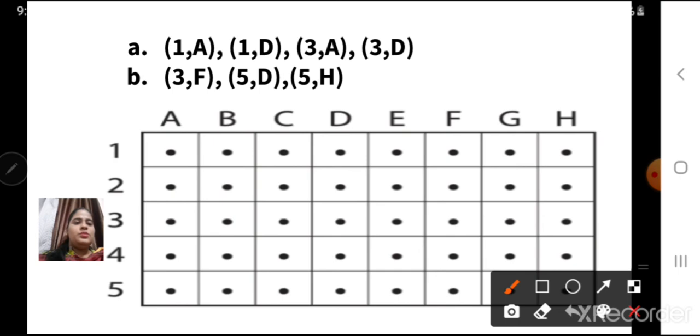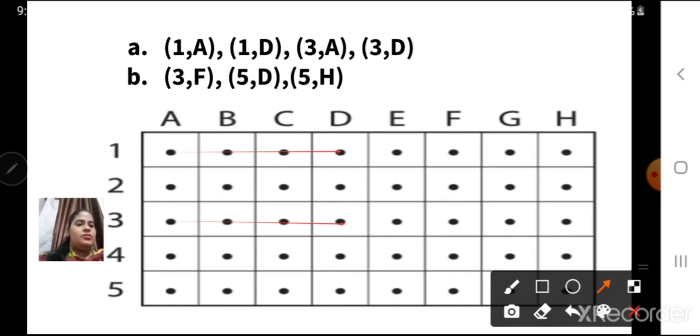So the first one is 1A. So this is 1 here, 1A. From 1A we have to go to 1D till here, okay. Then after that 3A and 3D, correct? So 3A is here and then we have 3D here, correct?